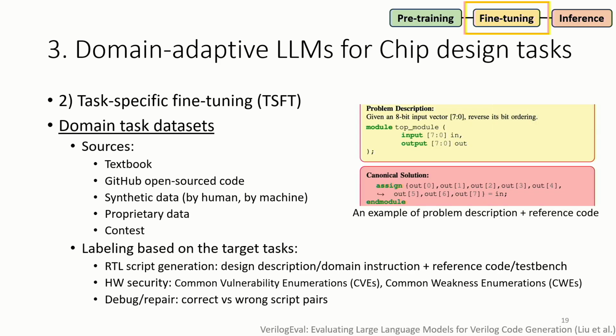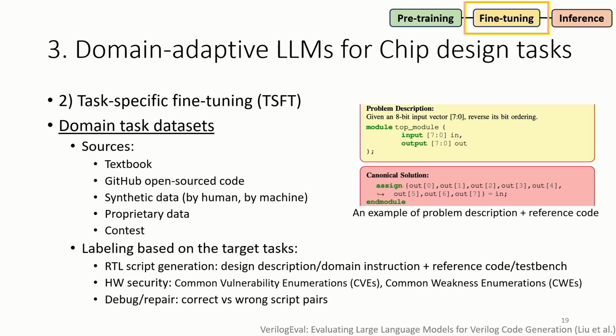Another thing that we need to do for the domain task dataset is that we need to label the dataset. During the fine-tuning, you need to inform the model whether it's doing great or badly after each new iteration of the model. So you either need to label the dataset, or you need to provide some test benches or some form of rewards to the model.